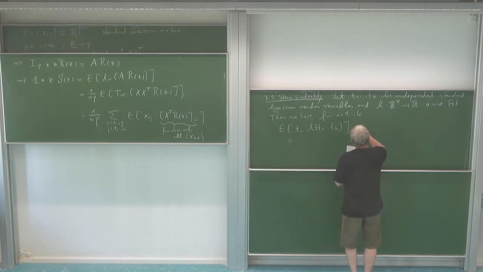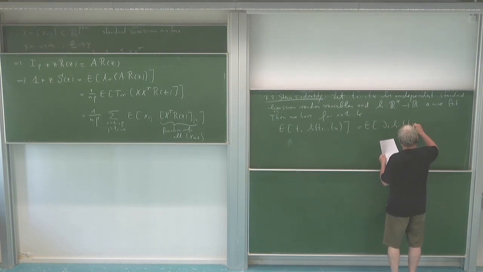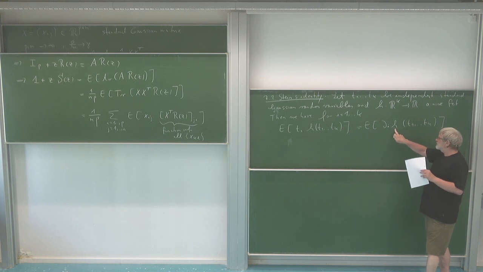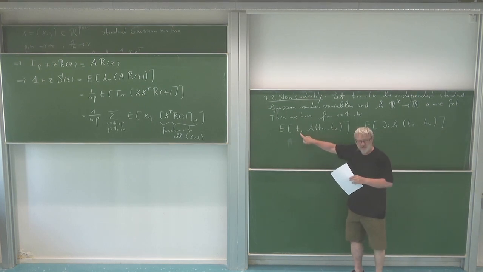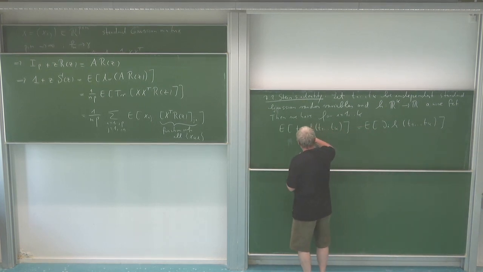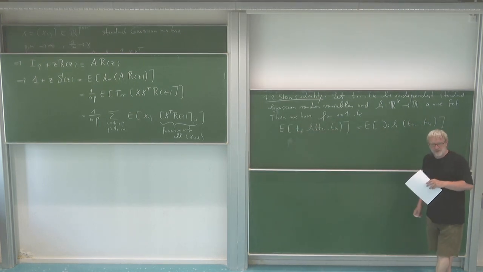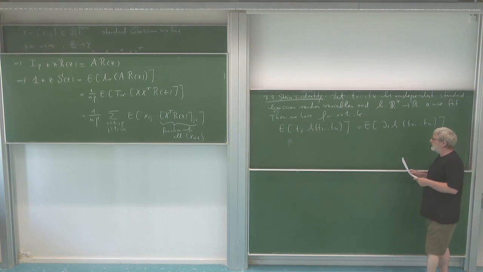So what I get here is the same as the expectation of the ith partial derivative of h of my variables, t1 up to tk. This is a function of k variables, and I take the partial derivative with respect to the ith variable. Here I'm multiplying with ti. So if I'm multiplying with t1, then I take the derivative with respect to the first variable. If I'm multiplying with t2, then I take the derivative with respect to the second one.